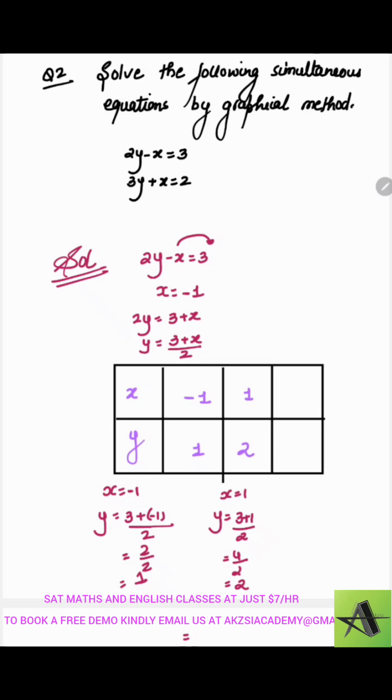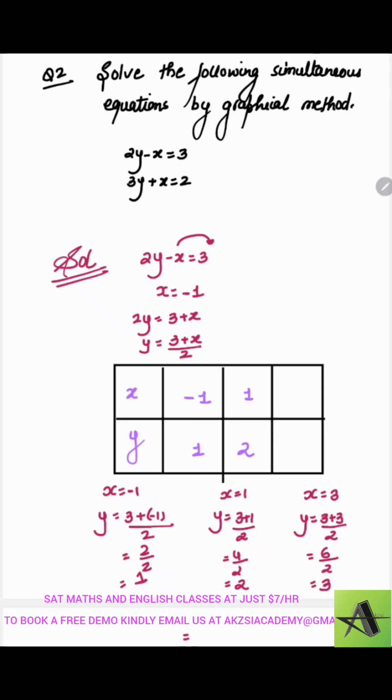Now for the next one, x equals 5, let's say, or we can pick a little smaller value, let's say 3. When x equals 3, y equals (3 plus 3) over 2, which is 6 over 2, and that is 3.